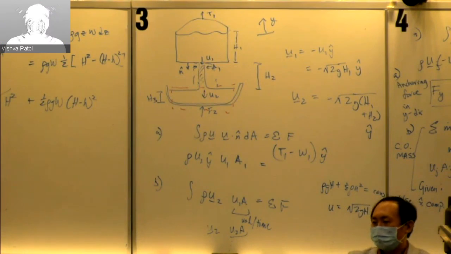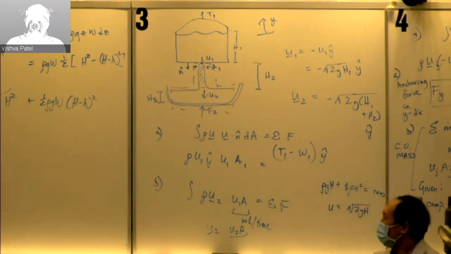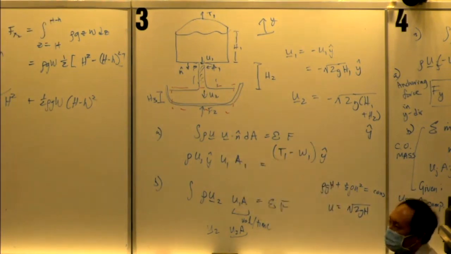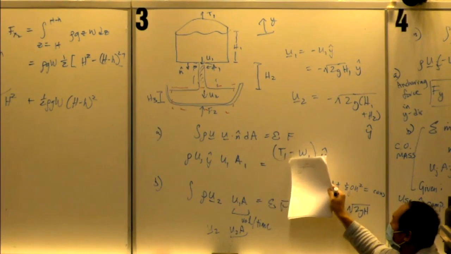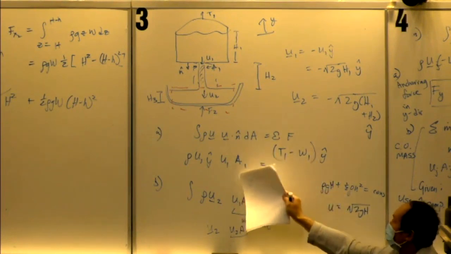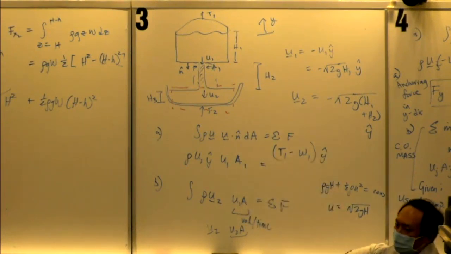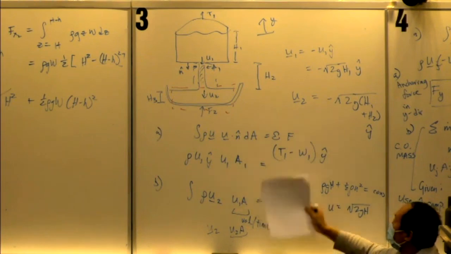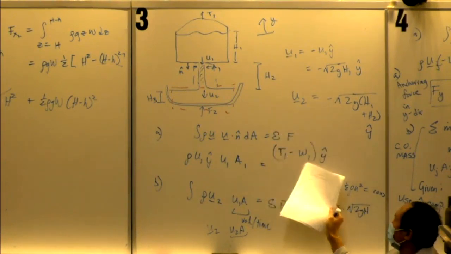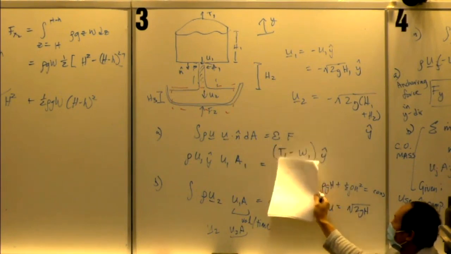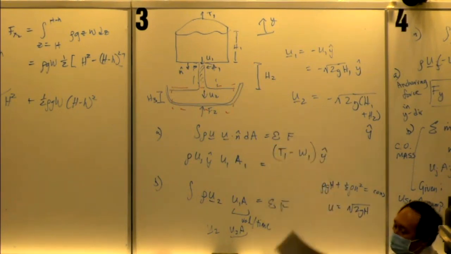Ultimately, it doesn't matter. You don't need to know the direction of the anchoring force because the sign of all the momentum steps are going to dictate what the anchoring force is. For example, this one, I didn't have to know that T1 was up. The difference between the left-hand side and the right-hand side will dictate what T is. You could just choose one and make sure that the direction that I've drawn T1 is the same as I have here, and then it'll be positive or negative in magnitude depending on how good your guess was.